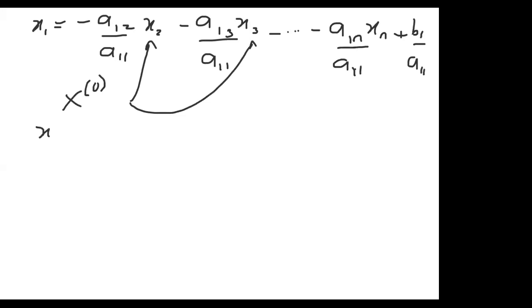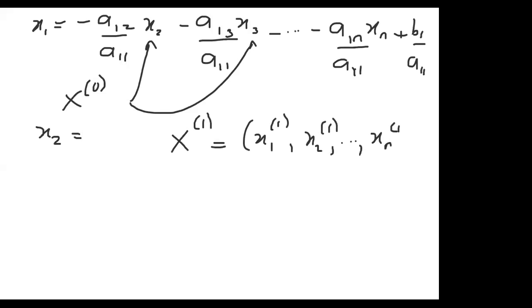We are going to do the same thing for x2 after making x2 the subject from the second equation, so that after doing this, we should be able to get the first approximation, which will be denoted by capital X to the power 1, like that, and it's going to contain x1^1, x2^1, and so on up to xn^1 transpose, right? So that's how we use the Jacobi's method.